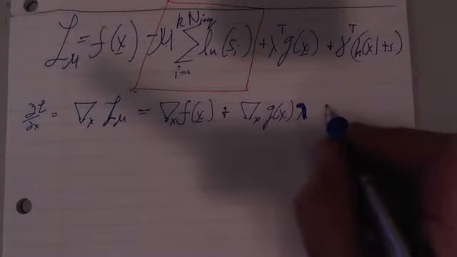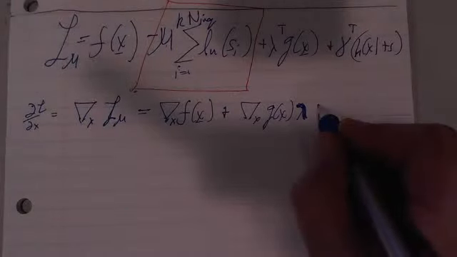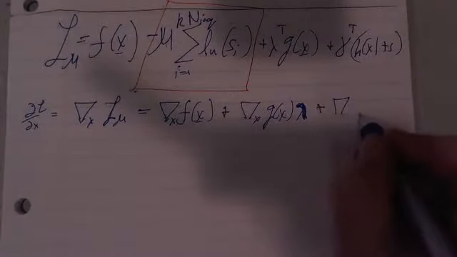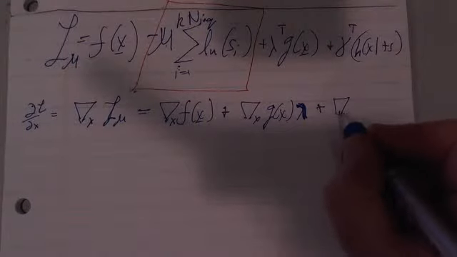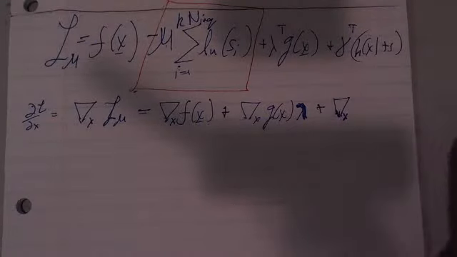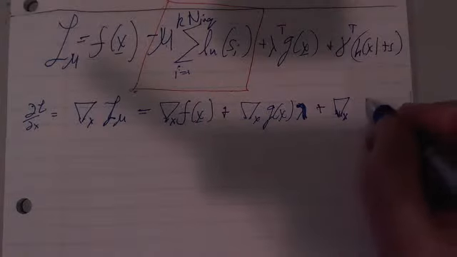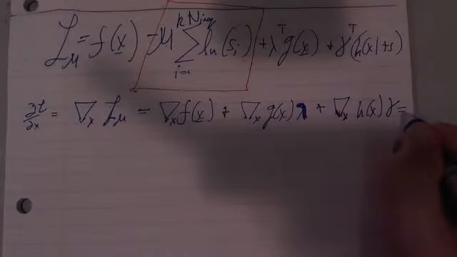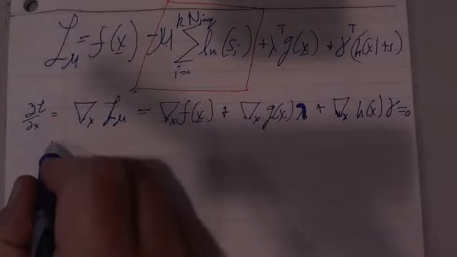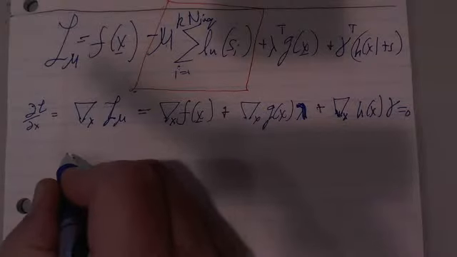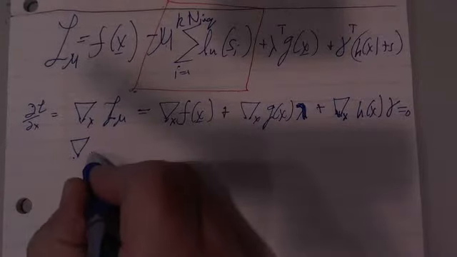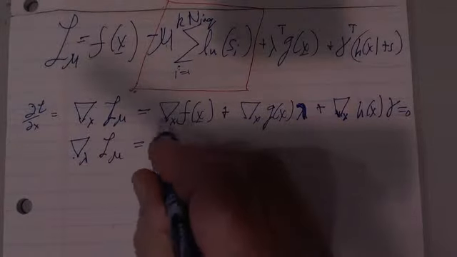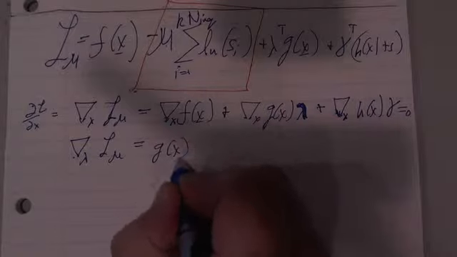And then this becomes the gradient, they call that del, of h of x times gamma, and we say that's equal to 0. Now we're going to take all the derivatives with respect to lambda. So the gradient with respect to lambda of L of mu is equal to simply g of x.